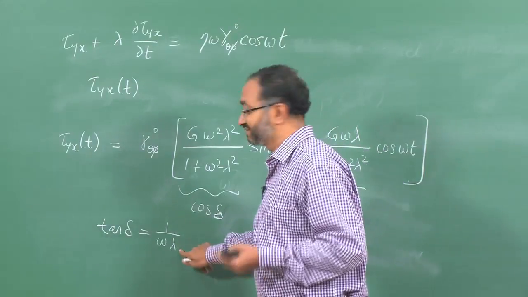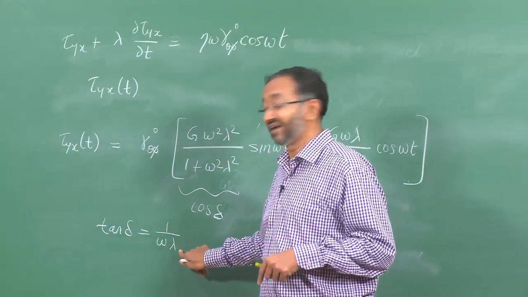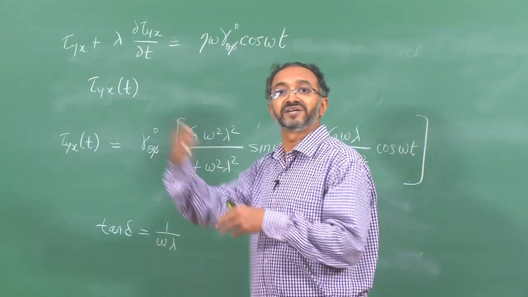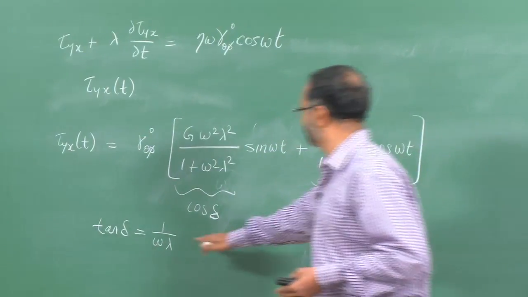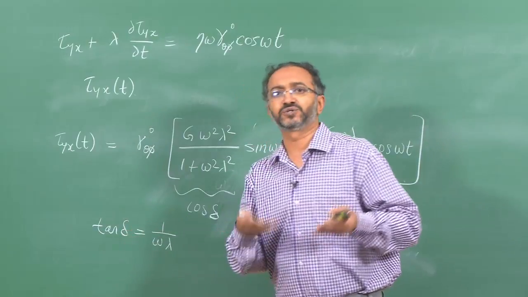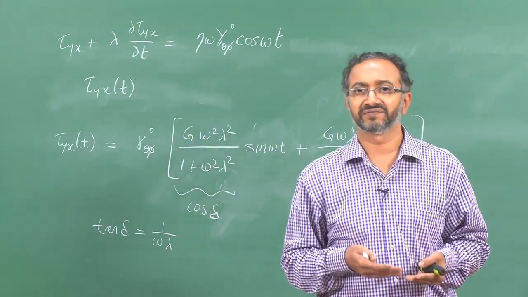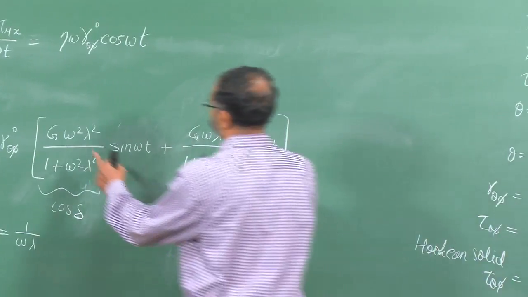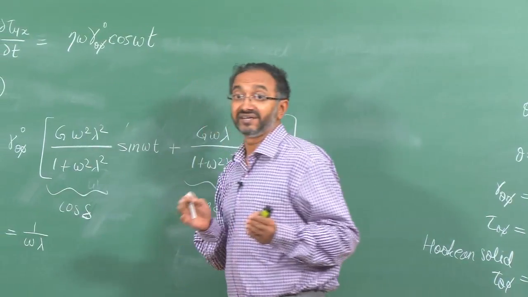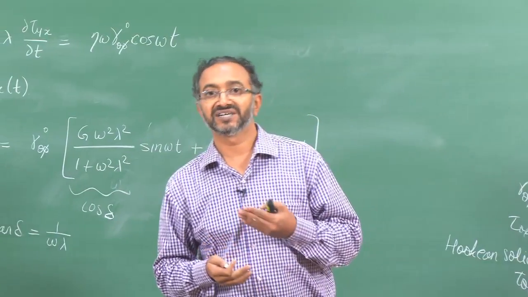The other way, if lambda is very small, then I will have to go to very high frequency to see any elastic contribution, otherwise, since lambda is very small, tan delta will always be close to infinity, or pi by 2 as the phase lag.